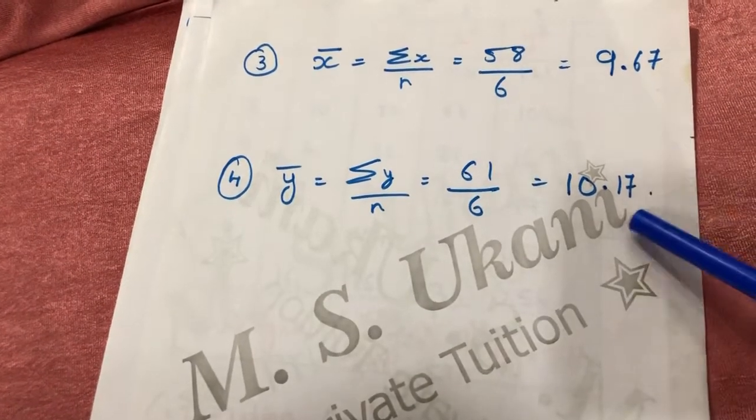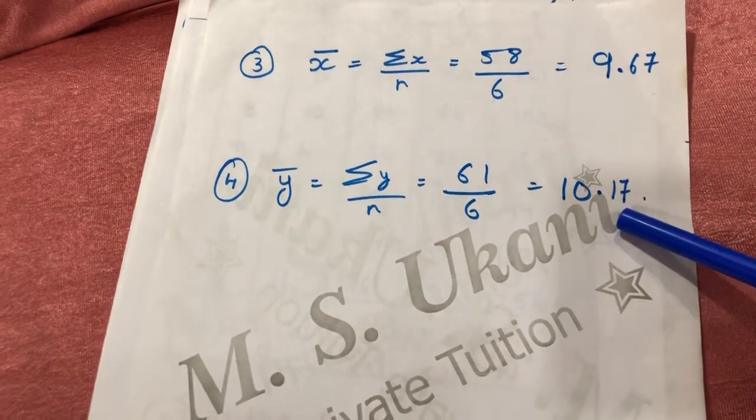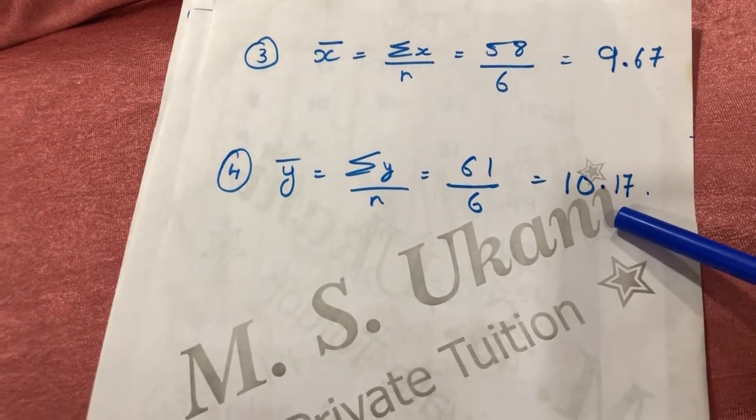Let us observe the numbers. Here the numbers do not come in positive integers. They come in decimals. Okay.